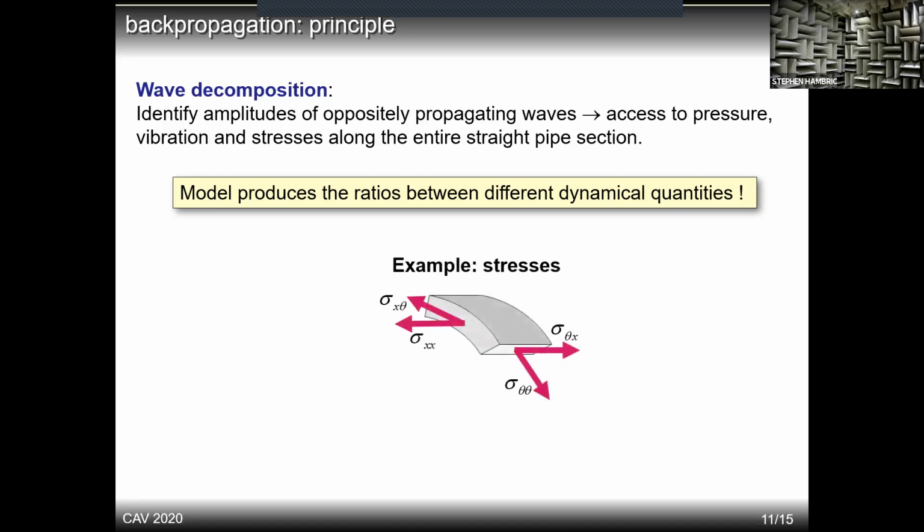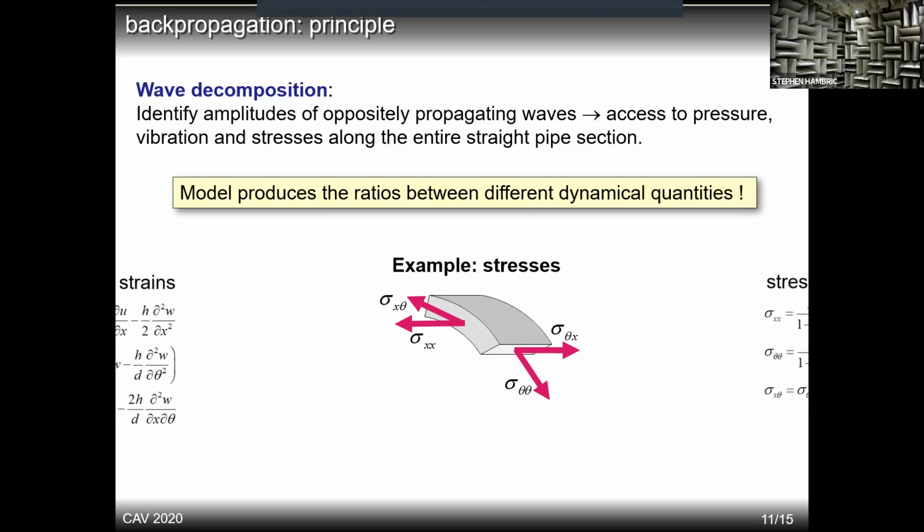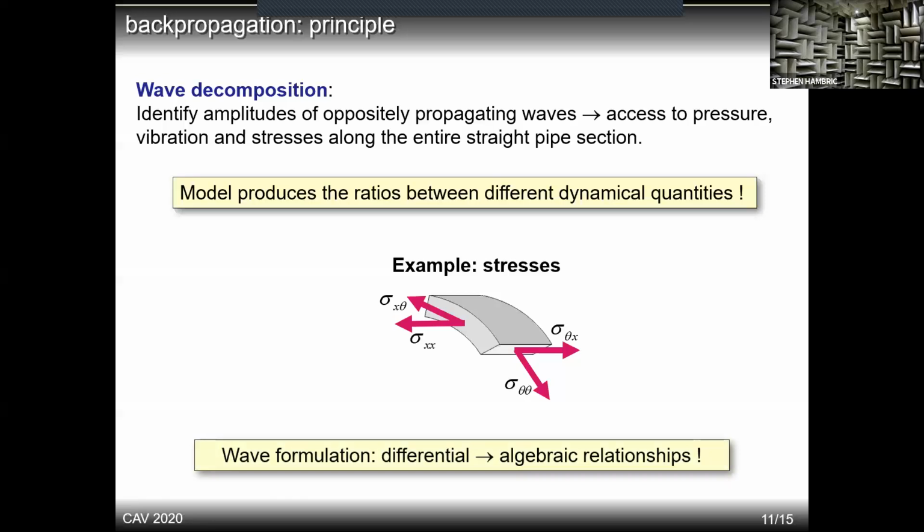Where dynamic stresses are concerned, which are related to the components of pipe displacement through different differential expressions, the use of wave decomposition is extremely beneficial because any differential formulation with the wave numbers known is easily converted into an algebraic one and thus easily applied.